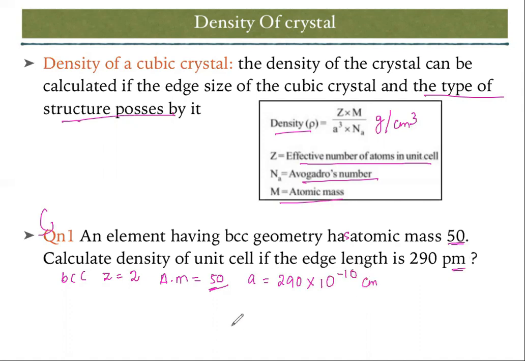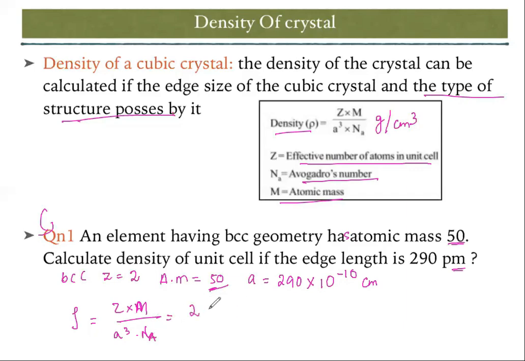Now put all this data into the formula. Density is equal to Z × M divided by a³ × Nₐ.